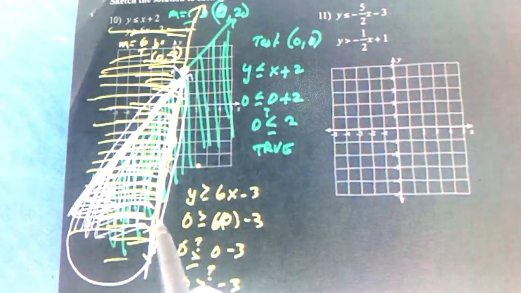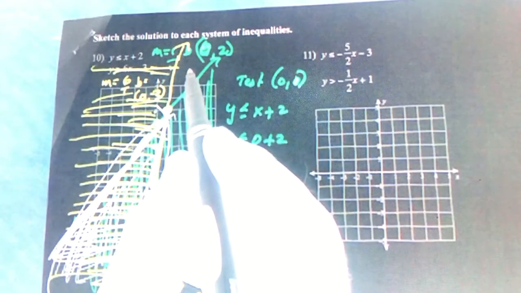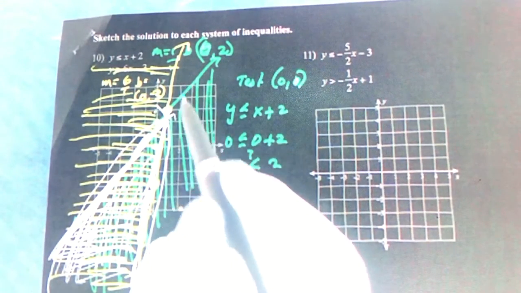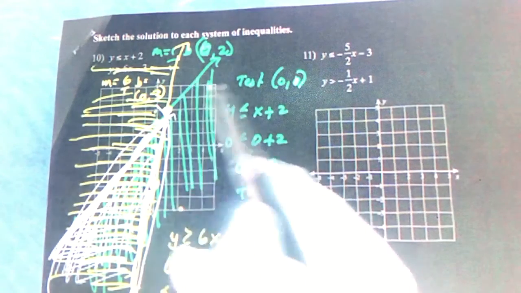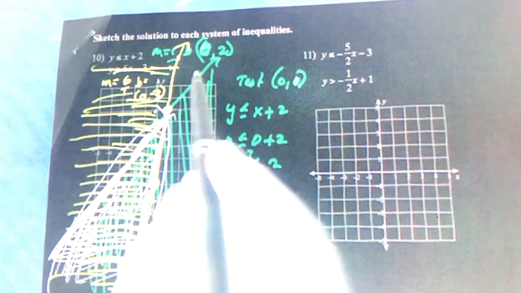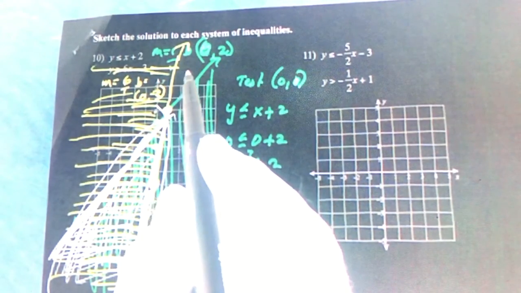Another way to look at this is to take a point out here on the graph, let's say up here. That point is not going to be in either inequality. It's not going to work.